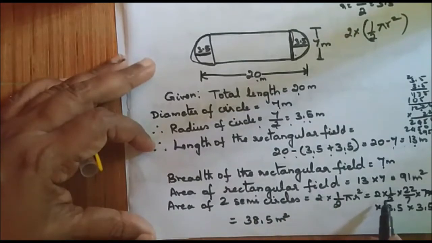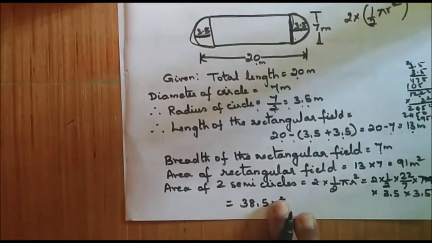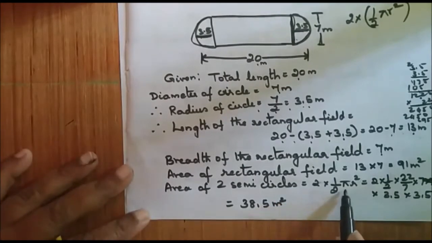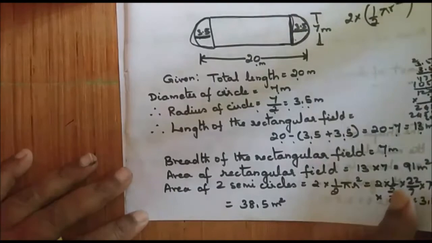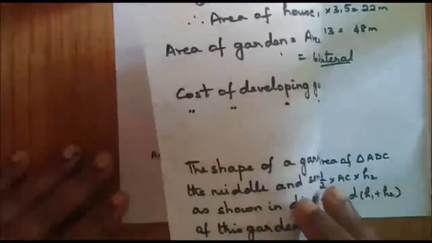Now this is nothing but 2 into half into 22 by 7 into 3.5 into 3.5. What is 3.5? 3.5 is the radius, isn't it? So that is 38.5 meters square. I hope you understood how we solve this problem.